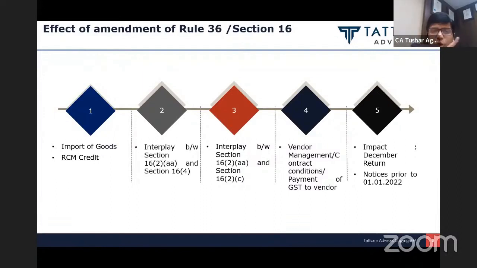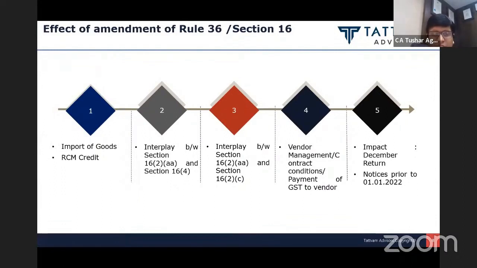And if your suppliers don't upload these invoices till September 2022, since you don't have the provision to claim any provisional credit, this ITC will be lost. I repeat, this ITC will be lost. And if your supplier uploads this in October 2022 or November 2022, though he will have to pay tax along with interest, you will not be in a position to take the credit.